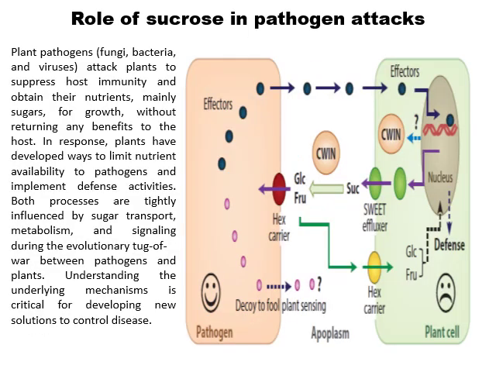Then coming on to another role of sucrose. Here you can see that sucrose is very important, and it plays a very critical role in alleviating the impact of pathogen attack on the plants. Plant pathogens like fungi, bacteria, and viruses attack the plant to suppress the host immunity, and they obtain their nutrients mainly from sugars, which is basically sucrose, for growth without returning any benefit.